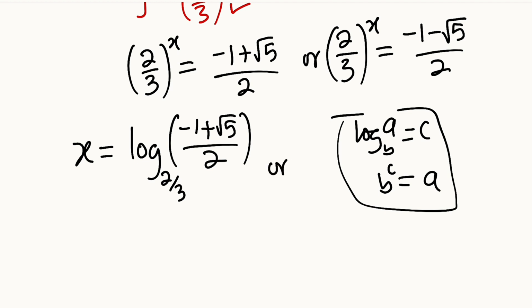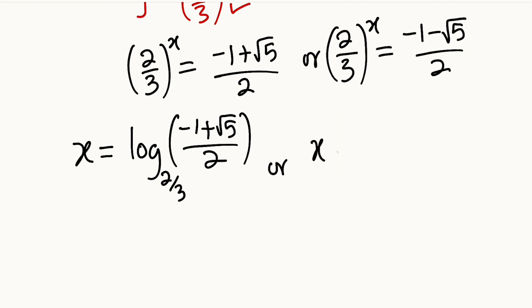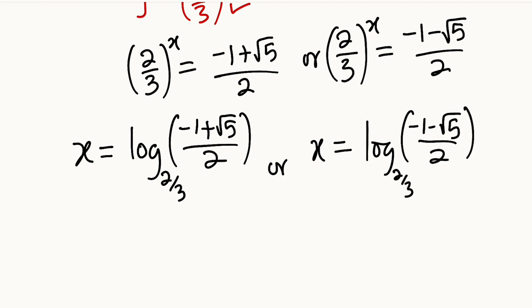Or the second one, x equal to logarithm of negative 1 negative square root of 5 divided by 2 base of 2 over 3. But x cannot be equal to this because this is a negative value. We don't have a logarithm of a negative number. Therefore, we are going to consider the first as our solution.